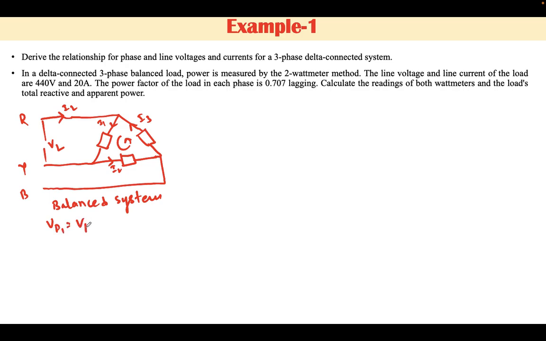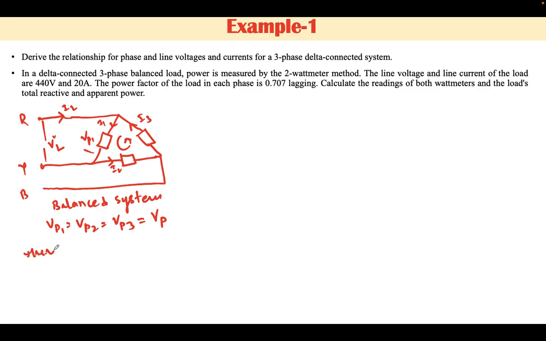Similarly, for the third phase, Vp3, and let it be given a common notation, that is Vp. Since this phase is connected between two lines, whatever the voltage across this particular phase Vp1 is, that will be equal to this line voltage.